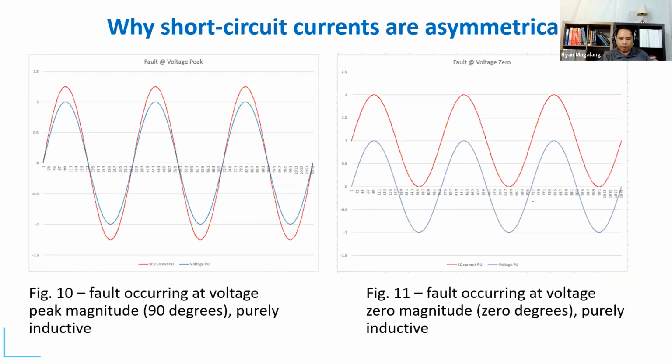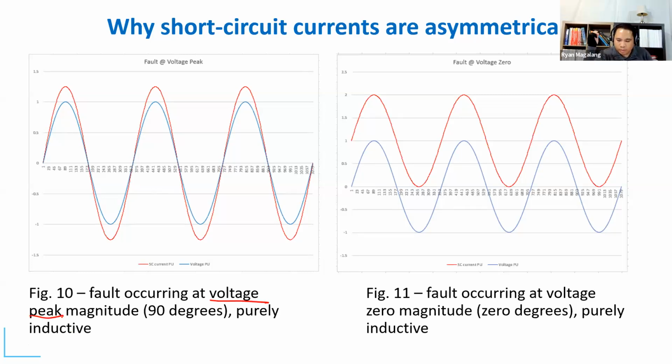So here, for a much clearer view, this one here, this is wrong. This is purely resistive. So as you can see, it's purely resistive. Oh well, that's both a purely inductive circuit, but the fault is occurring at the voltage peak.